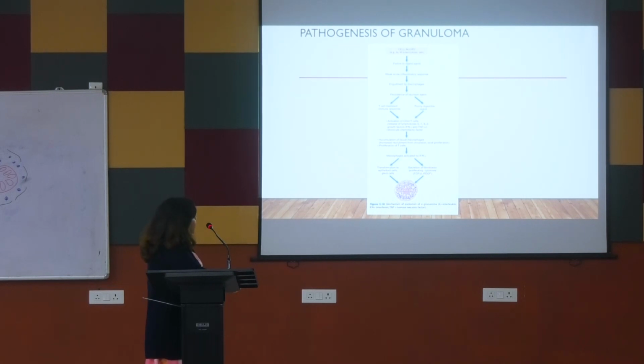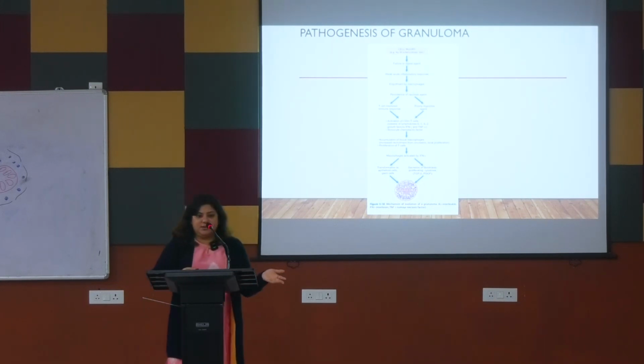These fibroblastic factors are giving rise to the rim of fibrosis, and the epithelioid cells and giant cells are present near the center of the granuloma. Along with that, there is a collar of lymphocytes surrounded by the periphery rim of fibrosis. So this is how granuloma formation takes place.